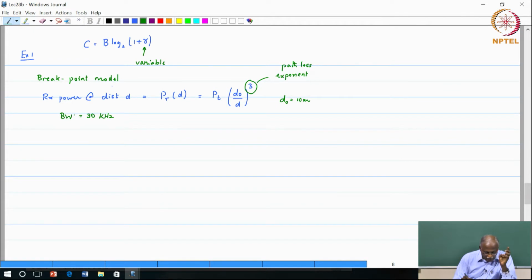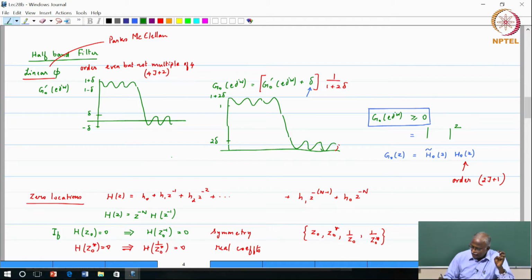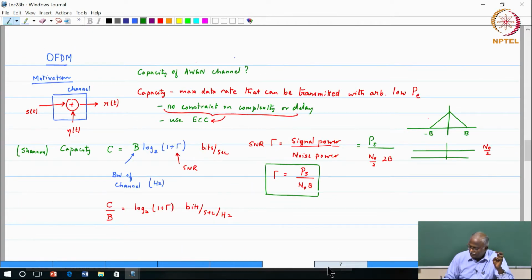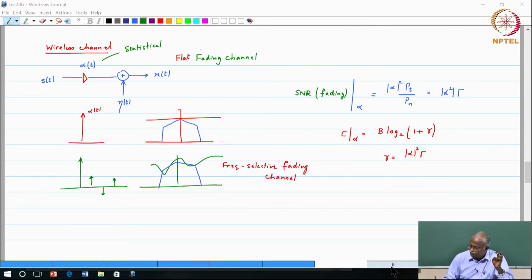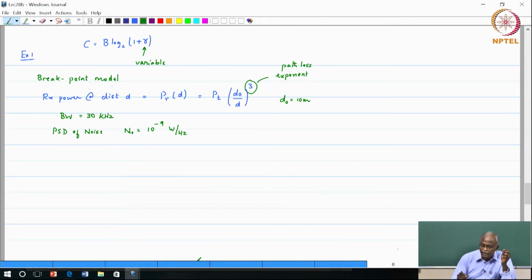The noise power spectral density N naught is given to be 10 power minus 9 watts per hertz, okay, and we are given that the transmit power Pt is equal to 1 watt. Okay.